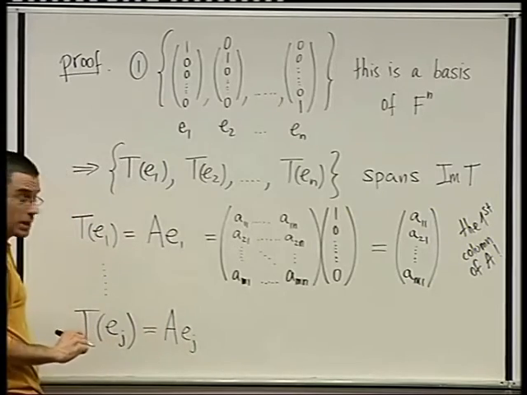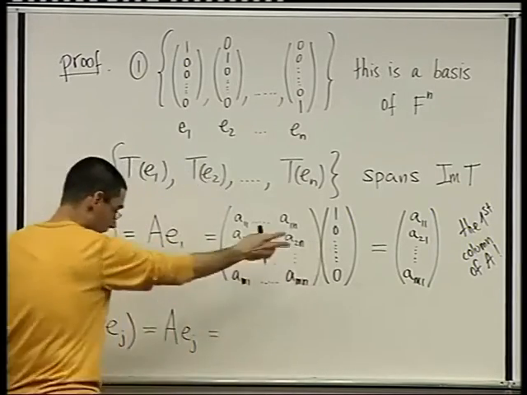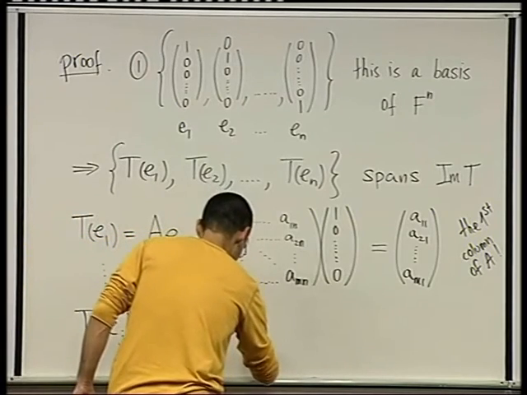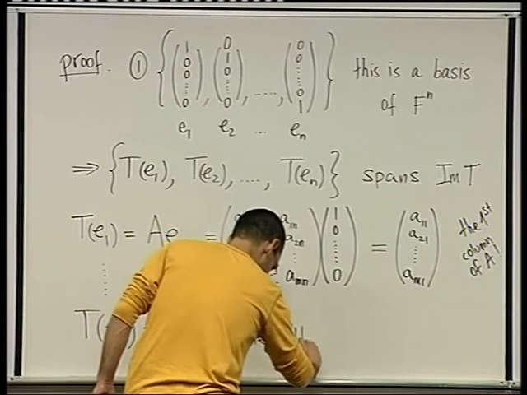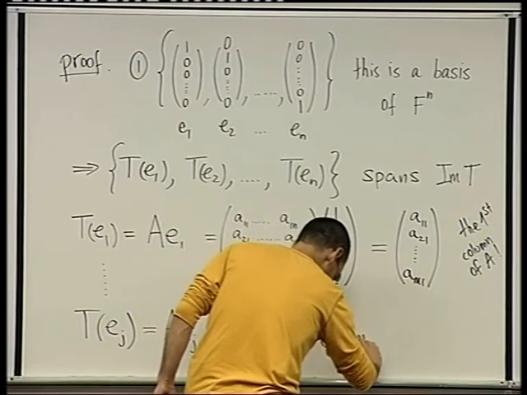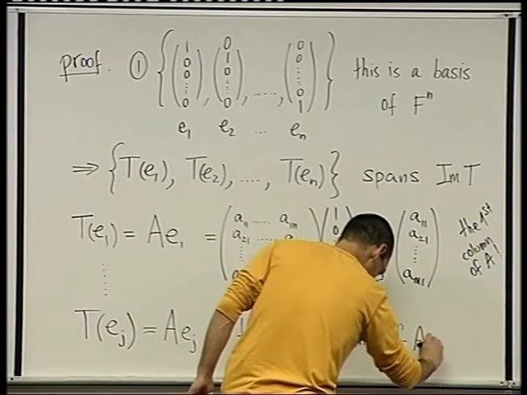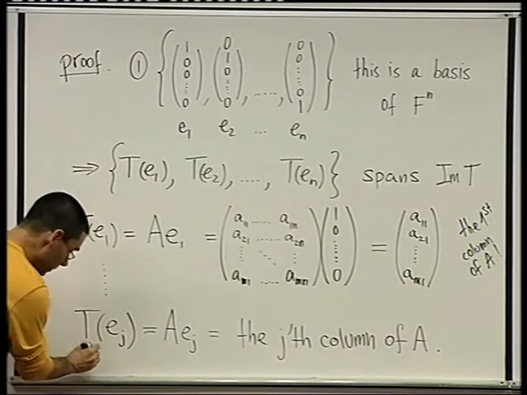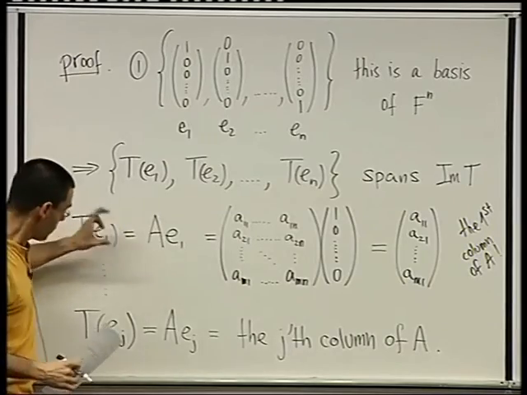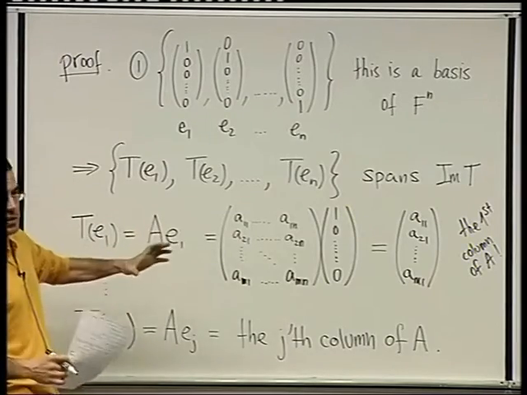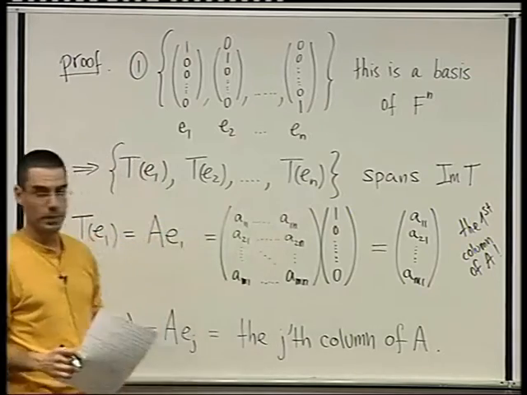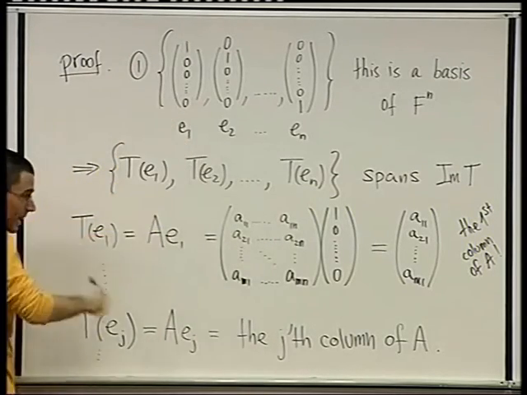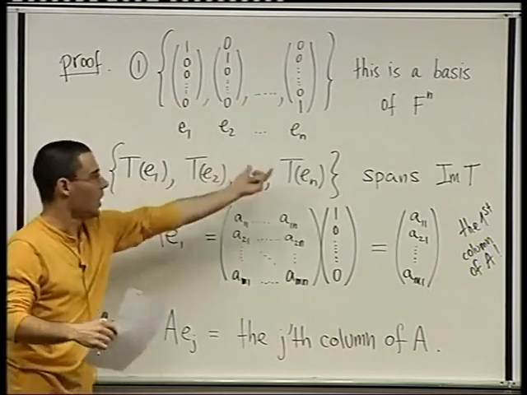That's the definition. If you spell out the details, it's going to be the jth column of A. If you need to do one or two more, do T of E3 and convince yourself that what you get is the third column of A. So T of this standard basis sends you precisely to the columns of A.